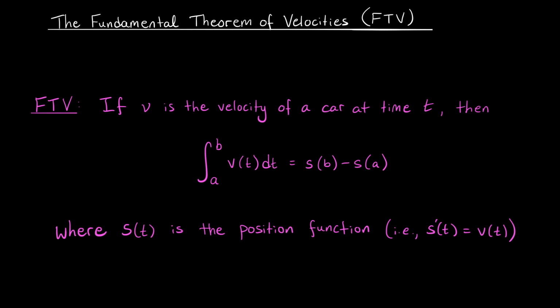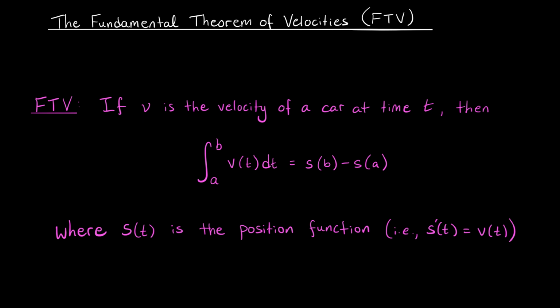It's the net displacement of the car. Importantly, this works for any velocity function. Our car can have positive velocity, negative velocity, whatever. Velocities of cars do tend to change continuously, but I suppose that's the only real condition of this v of t function in order for our theorem to work.